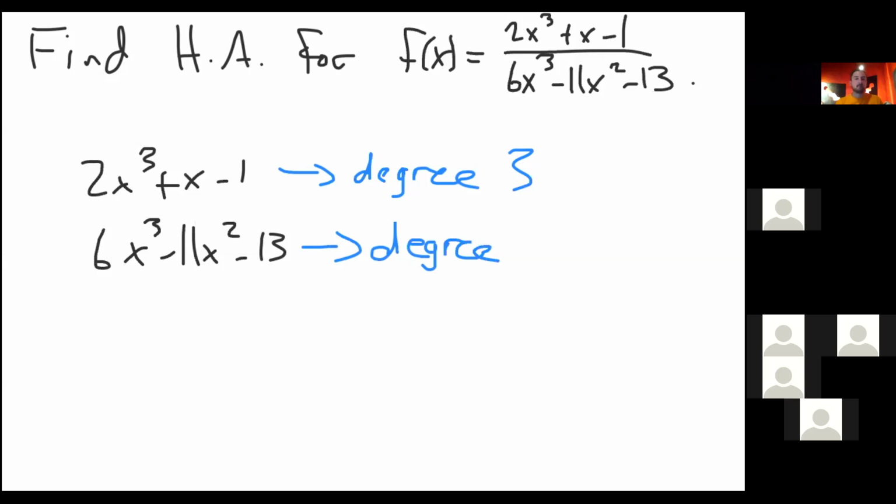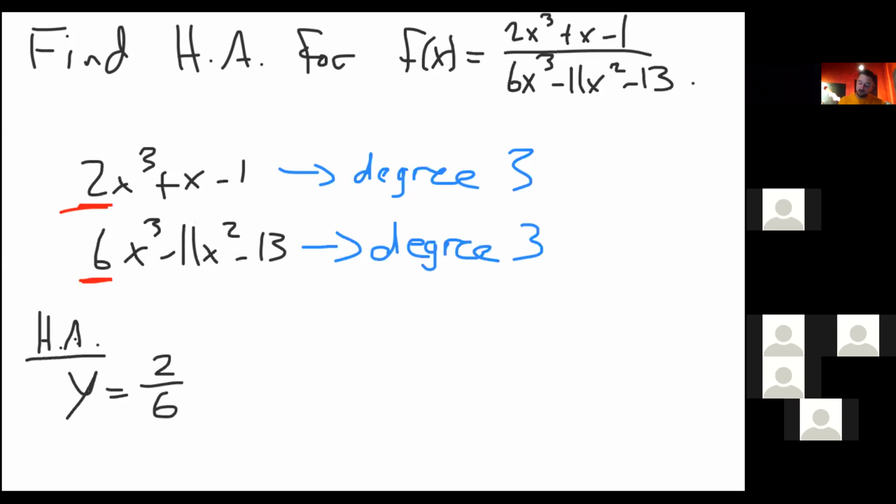So what is the degree of the polynomial on bottom? 3. 3 again. So then once the degree of the polynomial on top and bottom is the same, we said it's the ratio of the leading coefficients. So I identify the leading coefficient for the numerator of my rational function, and the leading coefficient for the denominator. I see it's a 2 and a 6, which means my horizontal asymptote is going to be at y equals the top leading coefficient divided by the bottom leading coefficient.